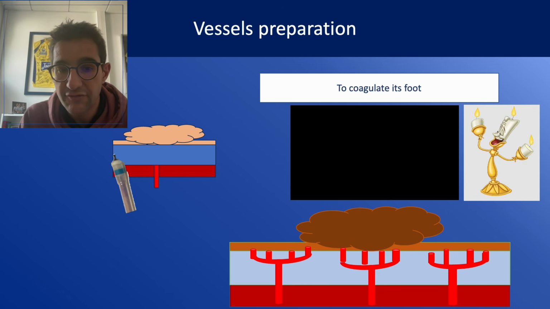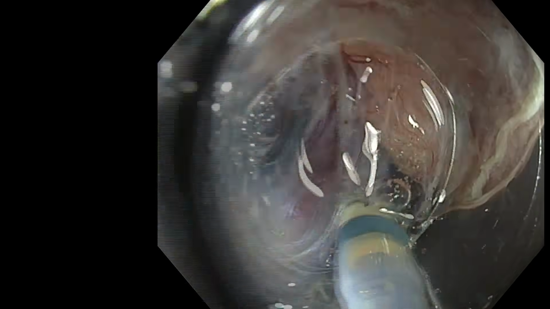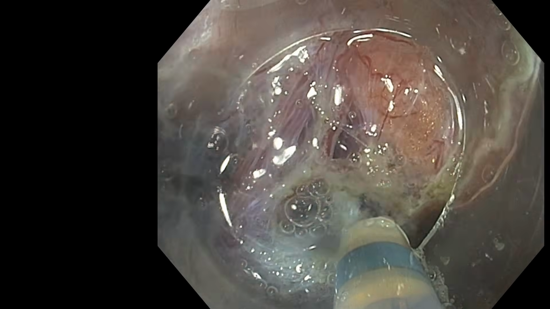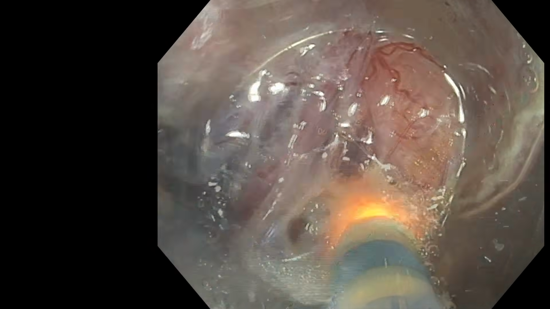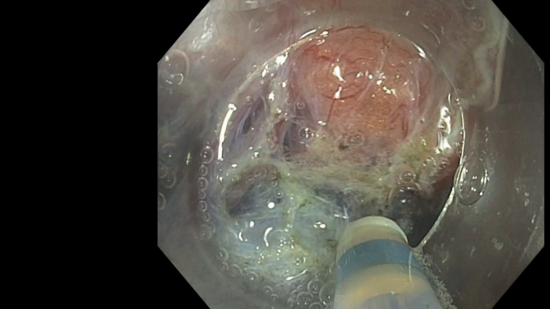The vessels have a shape of a chandelier like this, and therefore once again you should probably expose your vessel, prepare the vessel on the two sides in order to have enough space to coagulate the vessels on the right and on the left, instead of doing it directly with the tip of the knife.